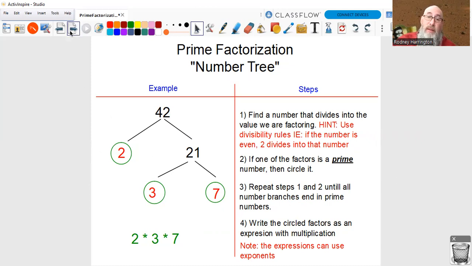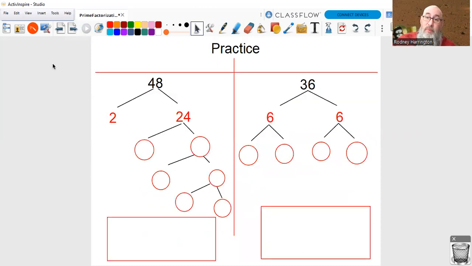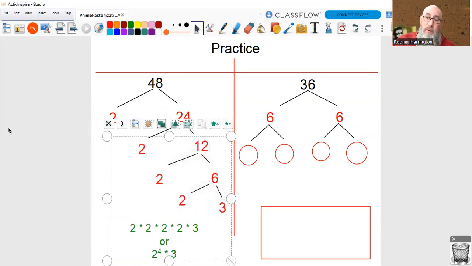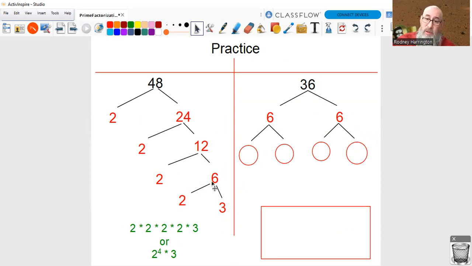All right. Here's another example. Of course, 48 we know is even. So we're going to start with our 2. It goes in 24 times. We know that 2 times 12 is 24. Of course, our 2's are prime. We have 12, which is 2 times 6.